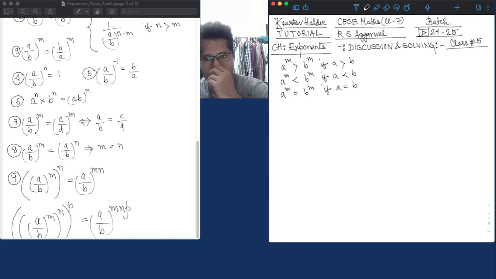So this is one concept that we must understand regarding comparing two numbers in exponential form where the power is the same but the bases are different.